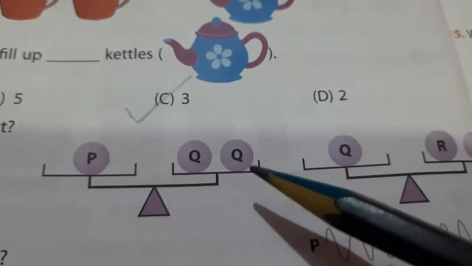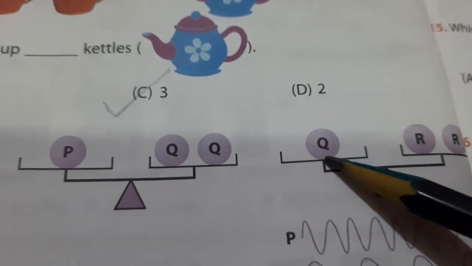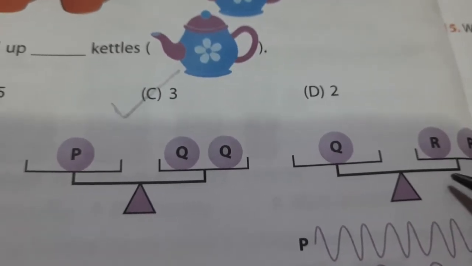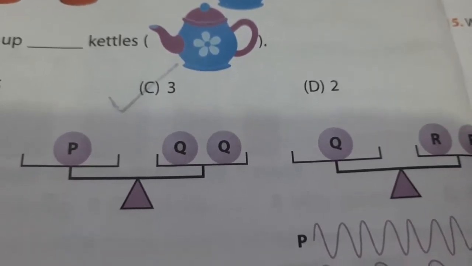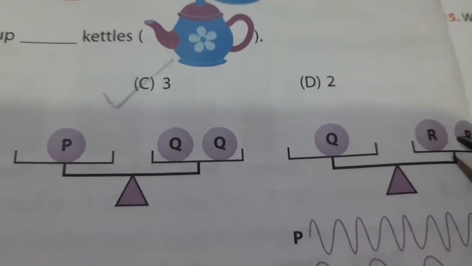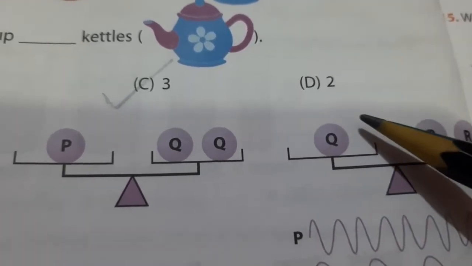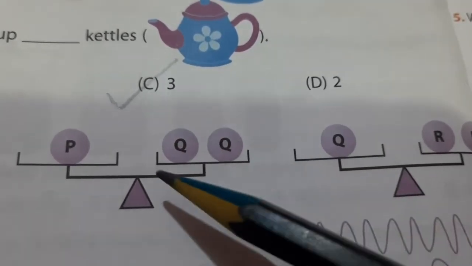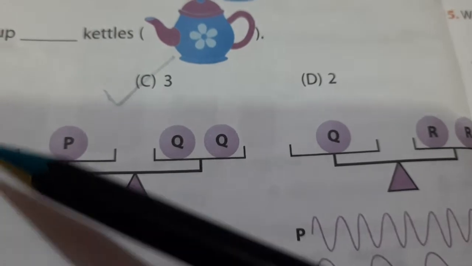Isn't that so? Okay. But then if you look at 1Q, 1Q is equal to how many Rs? 2 Rs. So which also means that my R is lighter and Q is heavier. But however, we have already seen that Q is also lighter over here and P is heavier.